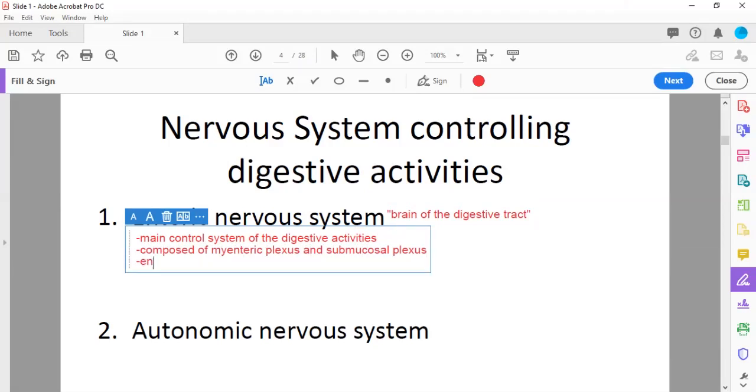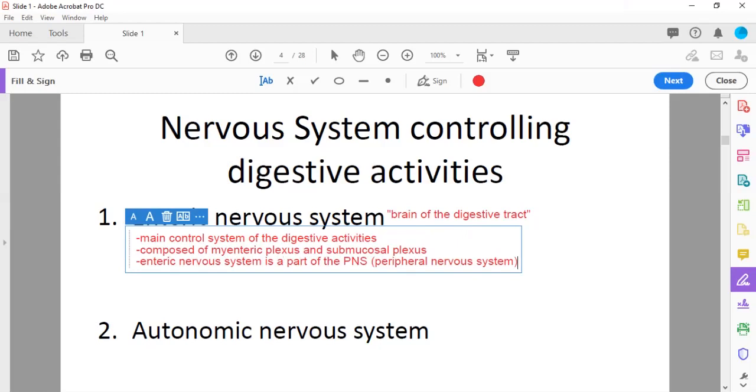And the enteric nervous system is a part of the PNS. Now, what does PNS stand for? Make me proud. Very good. Peripheral nervous system. Excellent.